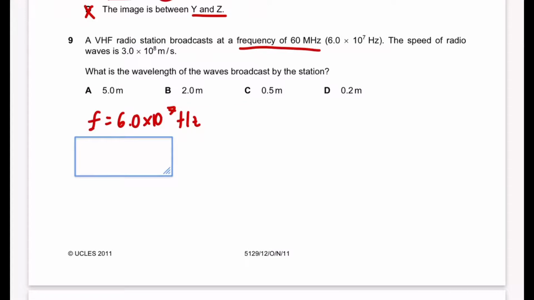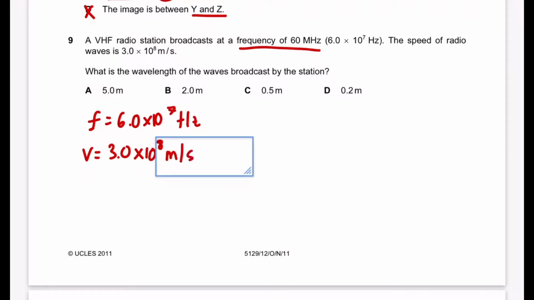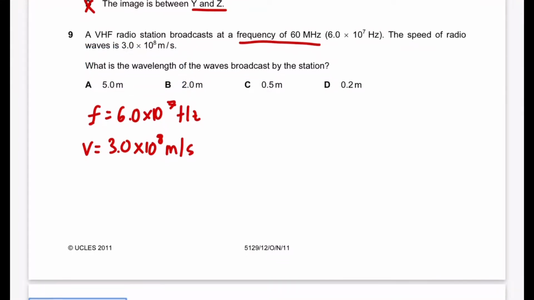Speed of the radio wave, which we shall write as V, is 3.0 times 10 to the power of 8 meter per second. The question asks, what is the wavelength? Wavelength is in the form of lambda. We don't know this, so we need to solve for lambda.